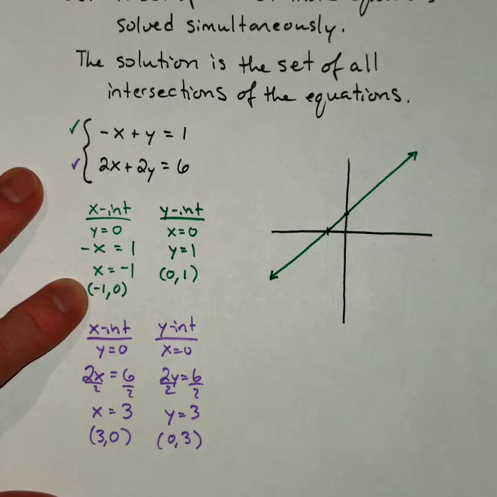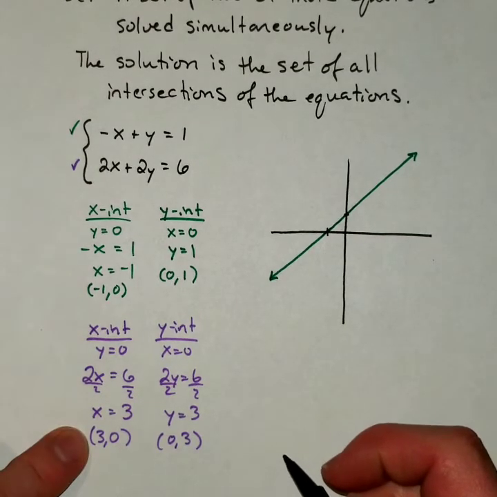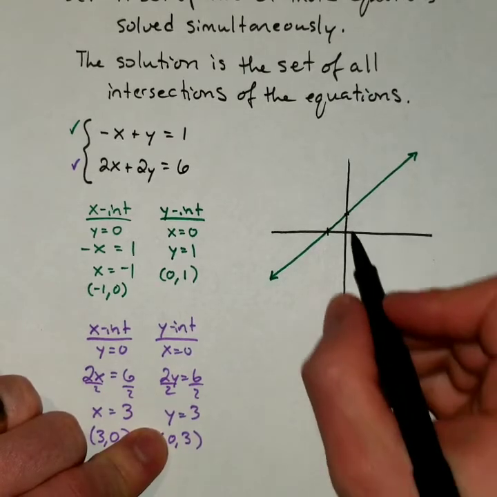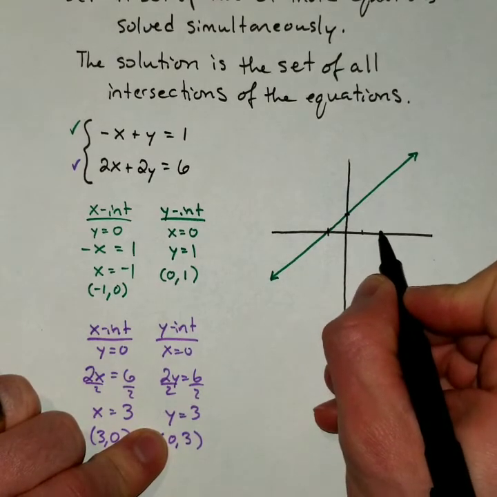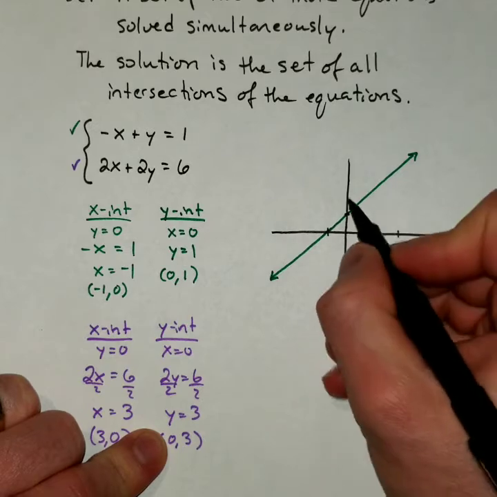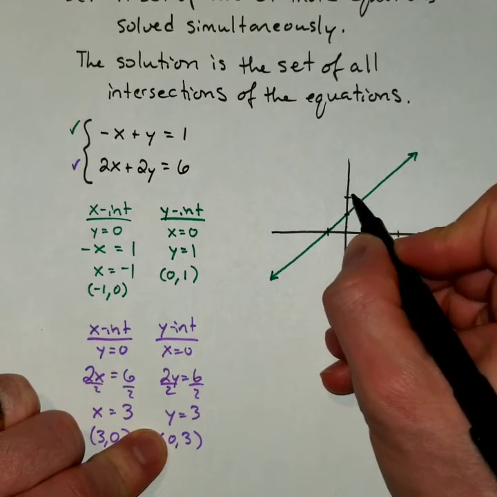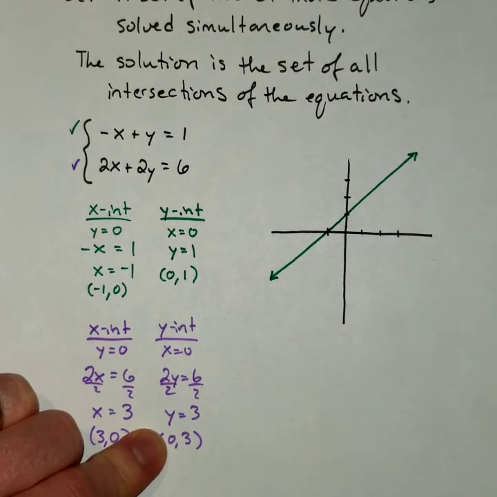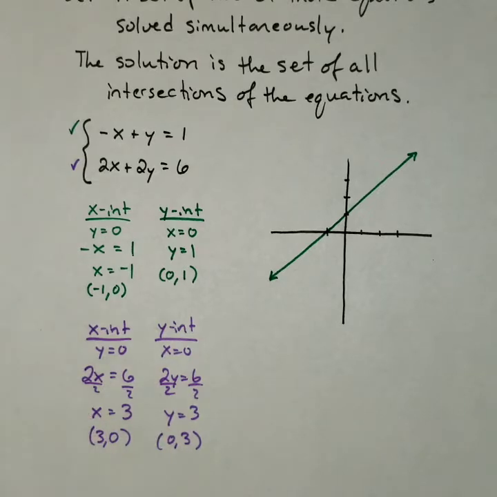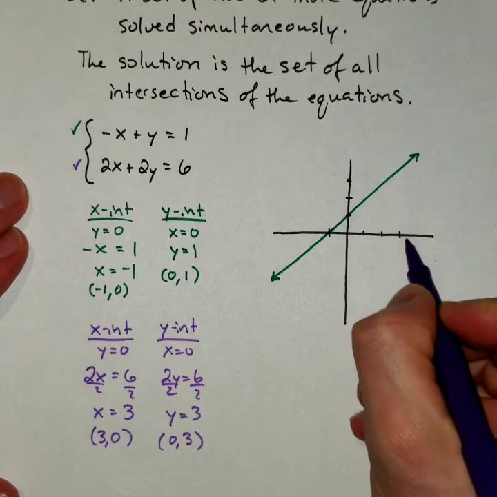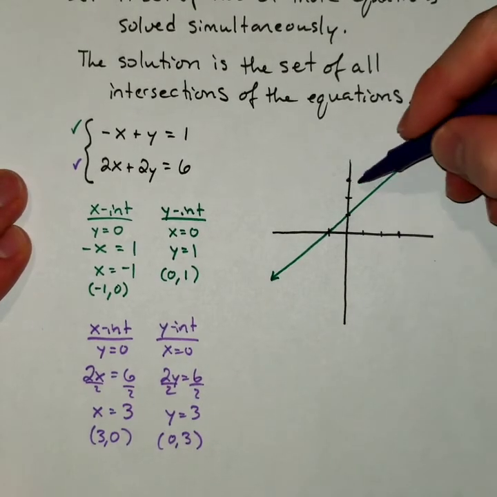Not too bad. The second graph is going to be 3 in the x and 3 in the y. So 1, 2, 3, and we already have 1, then 2, then 3, and that one is going to go down and to the right then. It's going to connect 3 to 3.